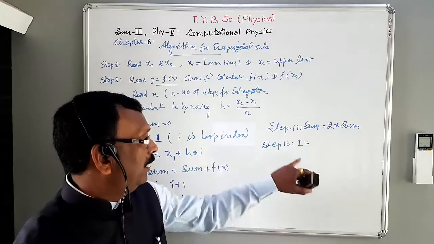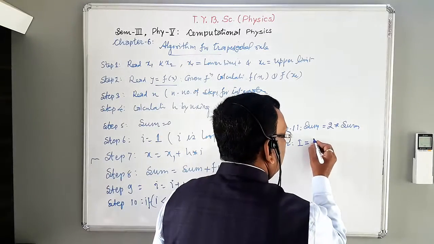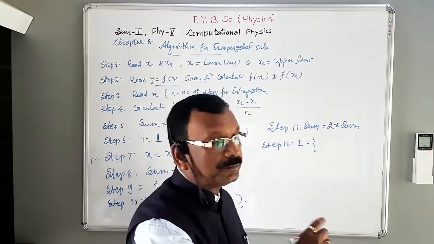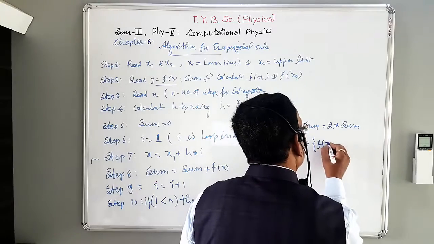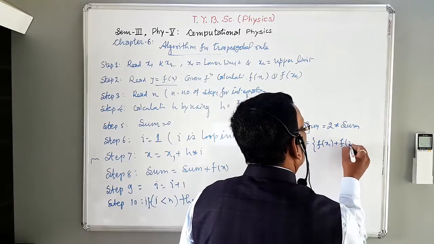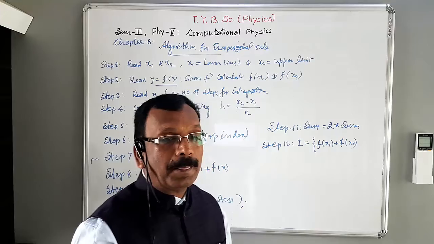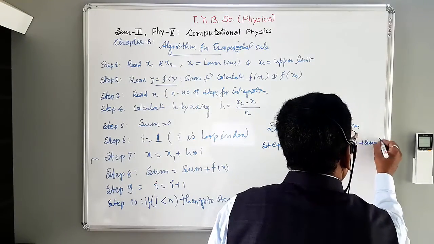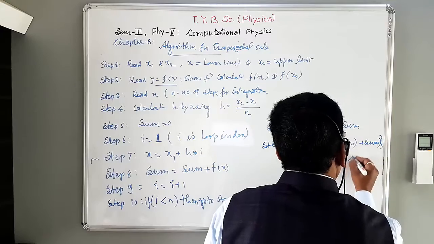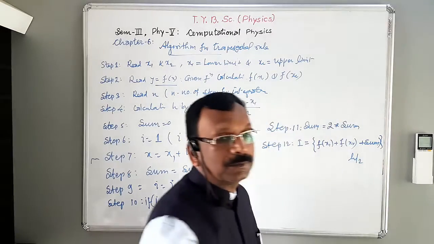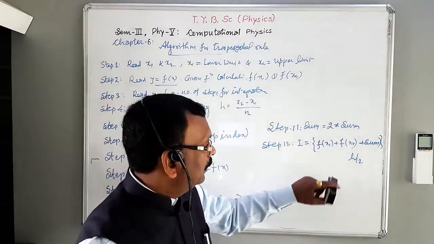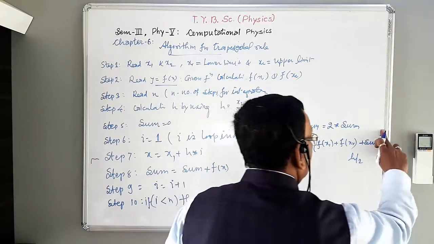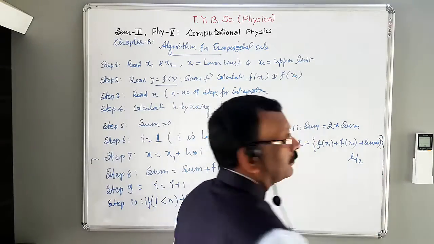Therefore, I for integration is f of x1 plus f of x2, okay, plus sum into h upon 2. This is the trapezoidal rule.